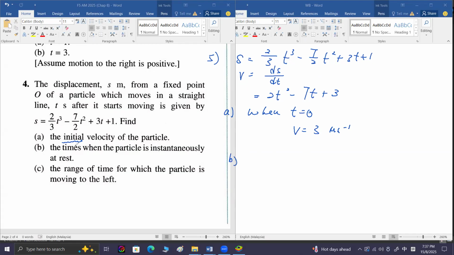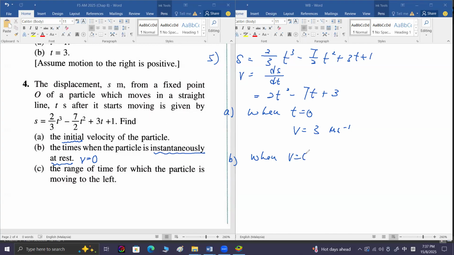Find the time when a particle is instantaneously at rest. Okay, class? Learn another one, yeah? Rest. What do you mean by rest? If it's at rest, take note, not moving, V is 0. When you see the word rest, when you see the words not moving, when you see the word stationary, I repeat, rest, not moving, stationary, means V is 0.